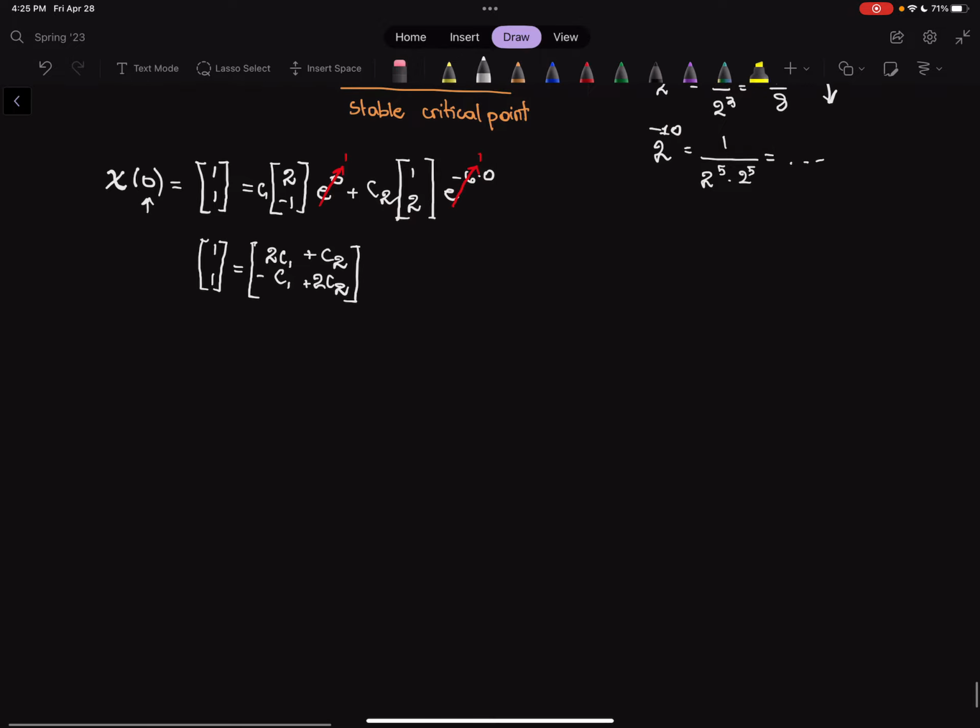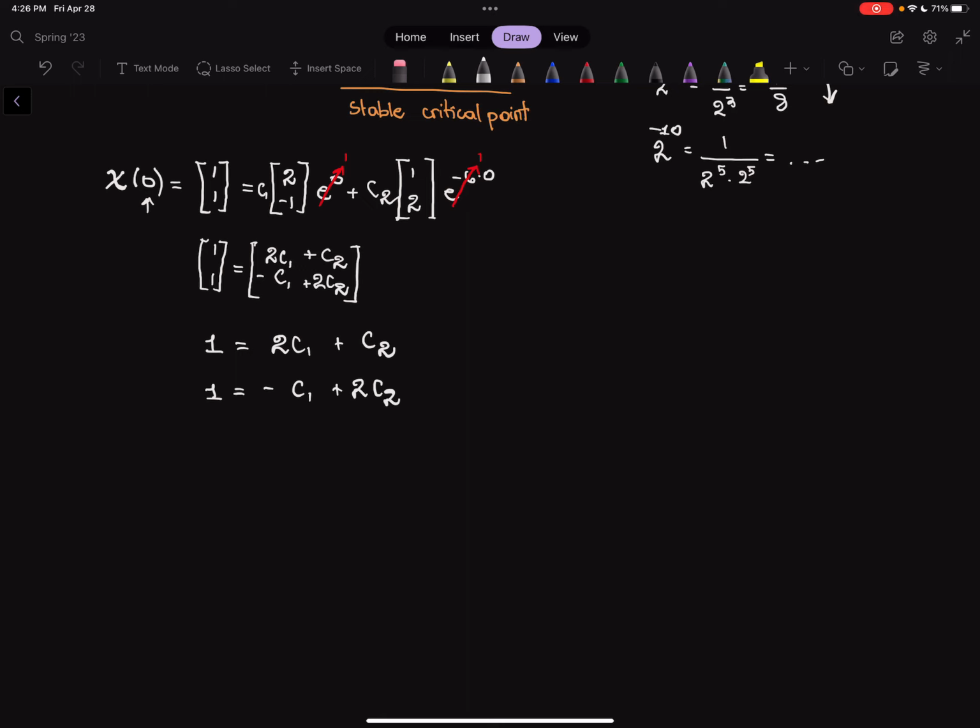Now we can split this into two equations. The top equation: 1 is equal to 2C1 plus C2. And then 1 is equal to negative C1 plus 2C2.